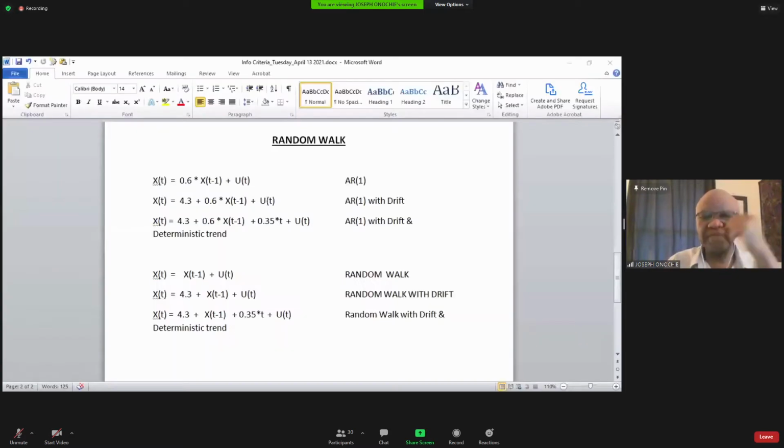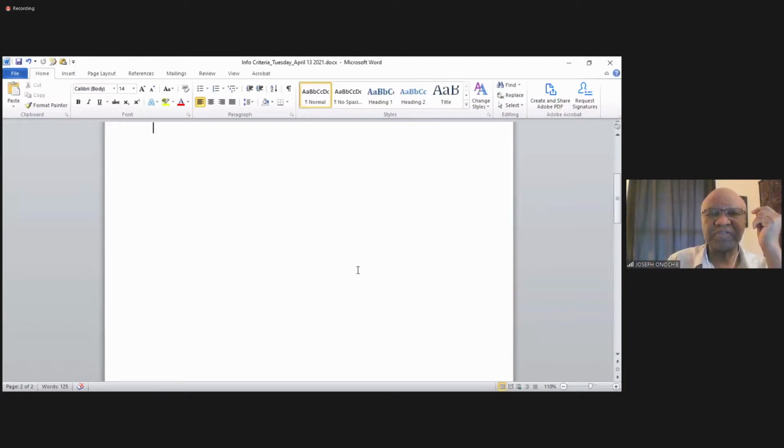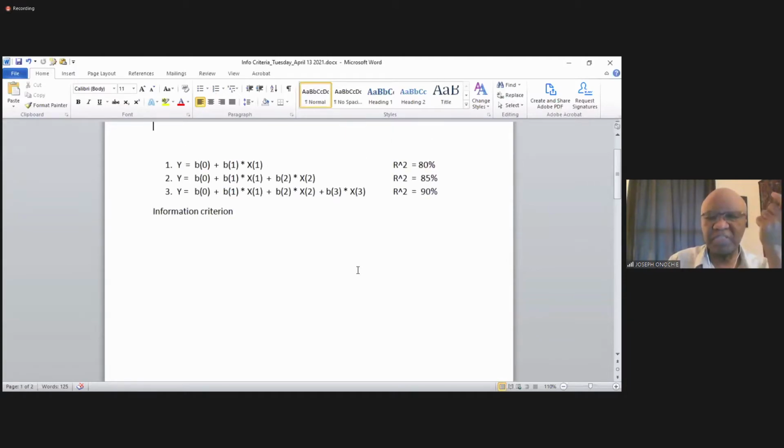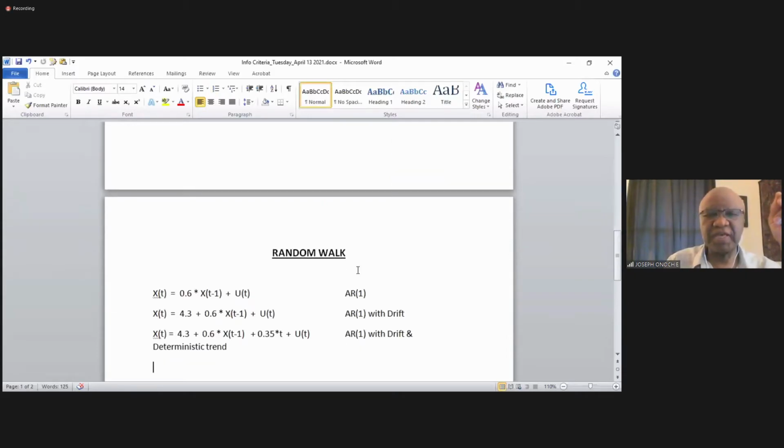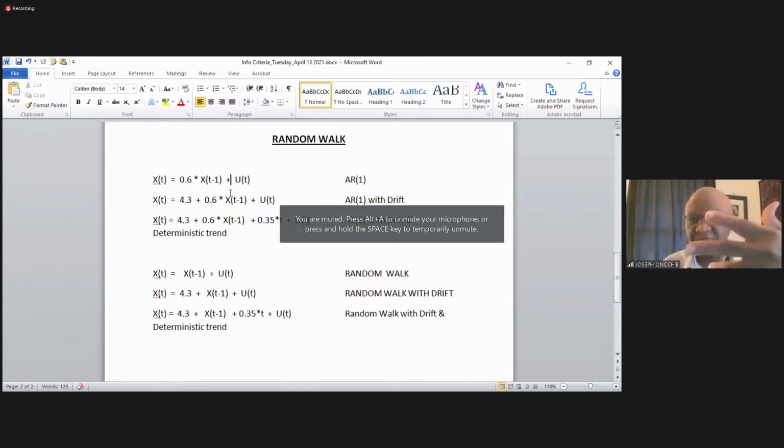Okay, this is the same piece of paper I showed you last class when we were discussing information criteria. I discussed this on Tuesday. Today, I go to the next page. Before that, let me bring us all up to date with the definitions that we know already.